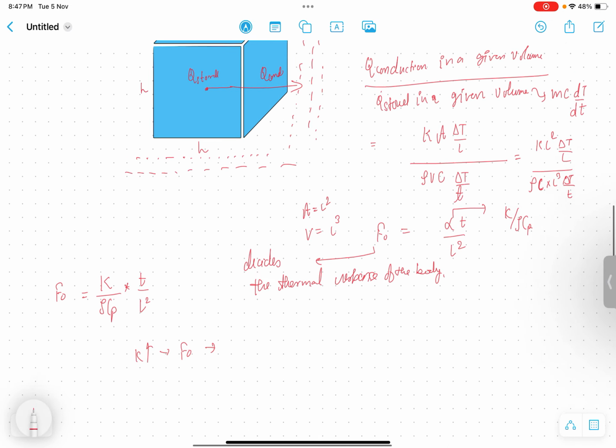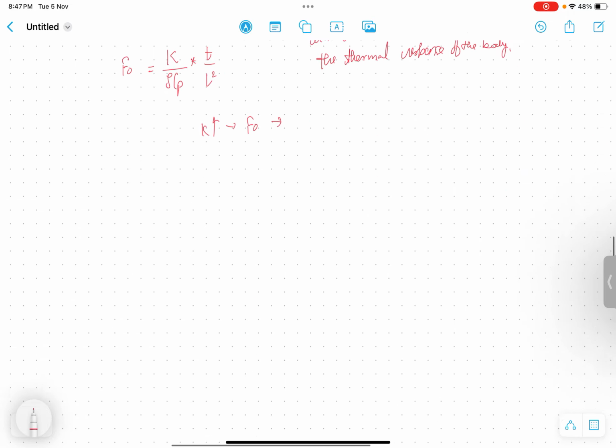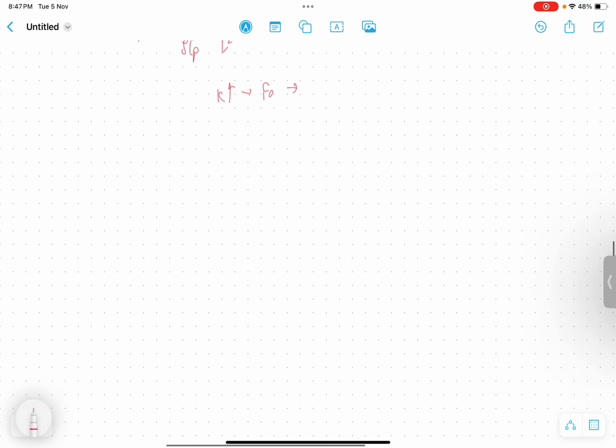So if you think, alpha is k by rho Cp and Fourier number is alpha t by L square. L is nothing but the characteristic length of any body.